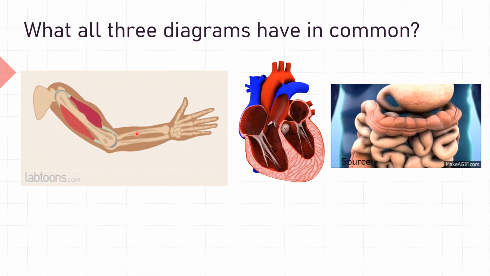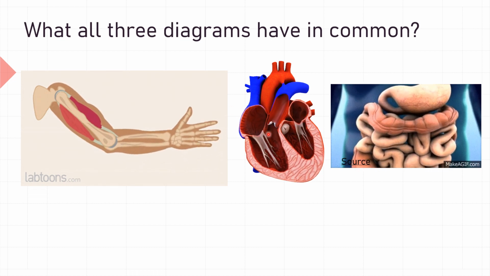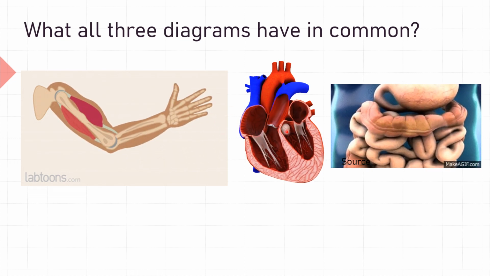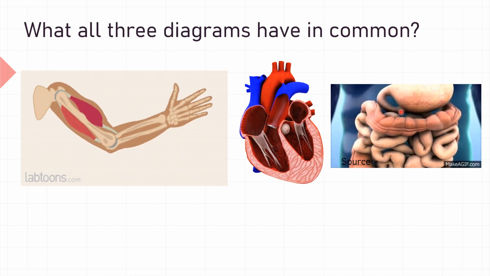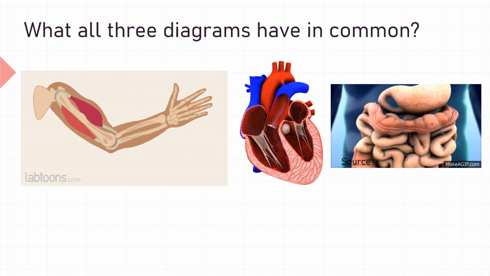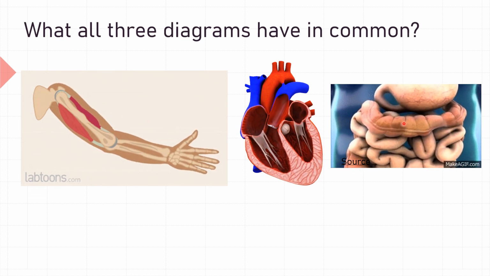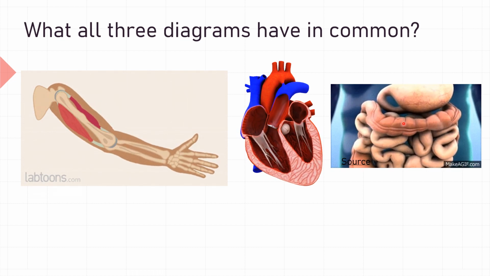When the arms go down, the muscle will relax. The heart has a similar property to the skeletal muscle. Also here in the digestive system, inside of the intestines, you see the movement of digested food, which means that these muscles must also contract and relax.